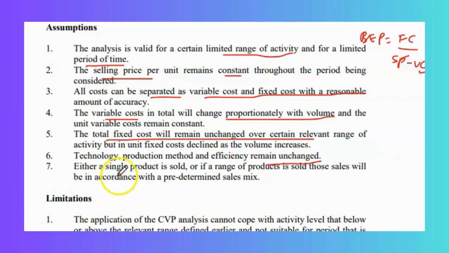Right? In using this formula in CVP, we assume that either a single product is produced, or if there is a mixture of products, the range of products will be in accordance with the predetermined sales mix. Let's say you already assumed the mixture of cocoa, milk tea, and vanilla previously.